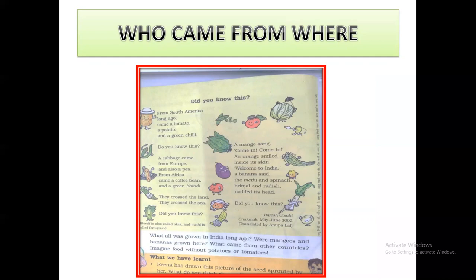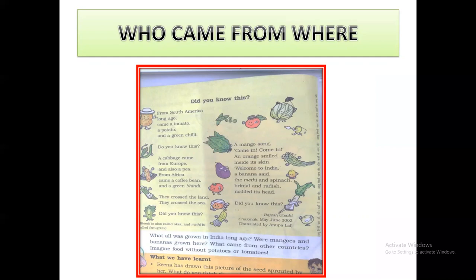Cabbage came from Europe, pea came from Europe, and your coffee beans and green bhindi came from Africa. And this way, they have mixed with our own vegetables like spinach, methi, radish, brinjal, isn't it? And they all have become one. So when we meet other people, we should not think about where they have come from.